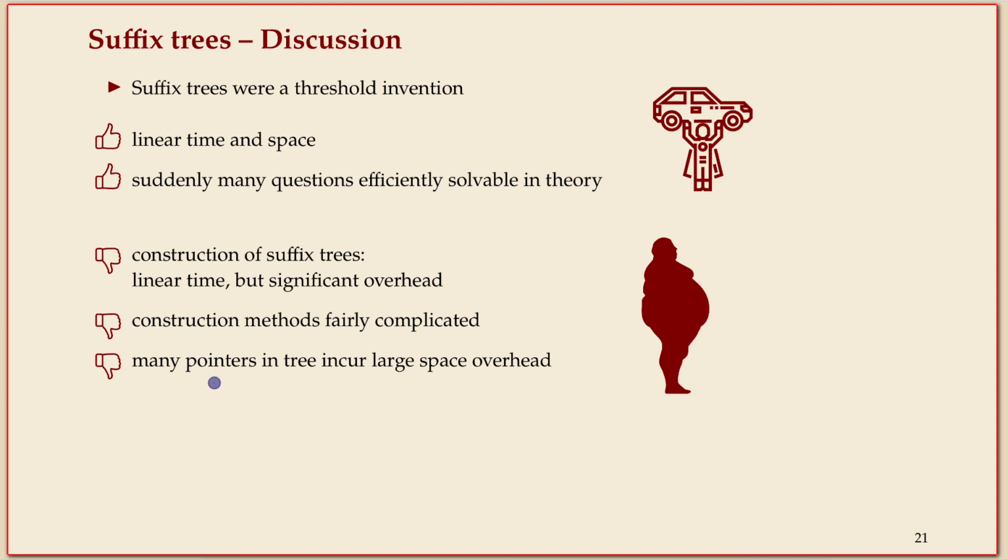So n times sigma if we use an array of pointers. And remember, sigma could be ASCII, then it's just 128 or 256. It could be Unicode, then it's 100K times the length of the text. That's not so great. You could bring it down a bit to something like n log sigma if we use dictionaries.